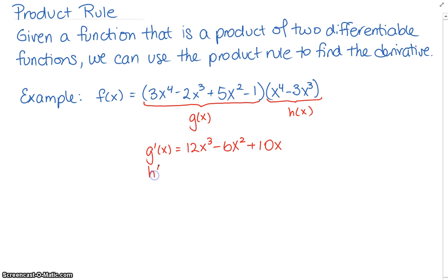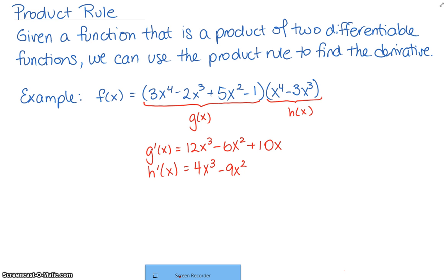We also require h prime of x, our derivative of h, which then becomes 4x cubed minus 9x squared. Again, 4 comes in front, 4 minus 1, that's how you get your 4x cubed, and your 3 times your negative 3, and 3 minus 1 is 2.